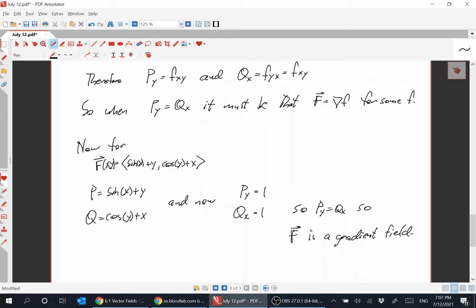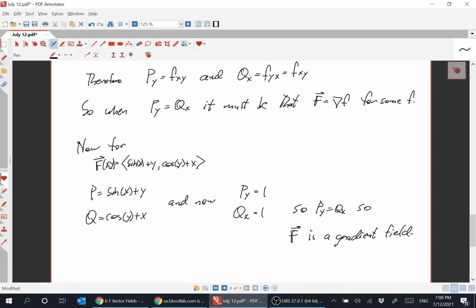So that's a faster check, but it doesn't give you what that antiderivative is. So method number one kind of kills two birds with one stone, whereas with method number two, if these guys are not equal, it's not a gradient field. If P_y is not equal to Q_x, then no, it's not a gradient field, so you can just stop at that point.